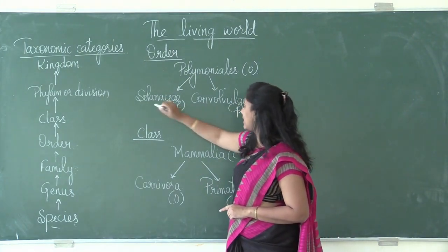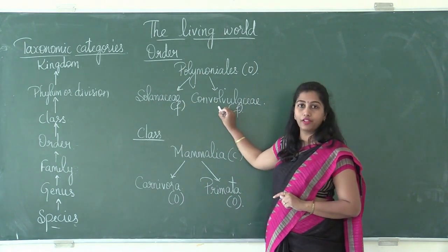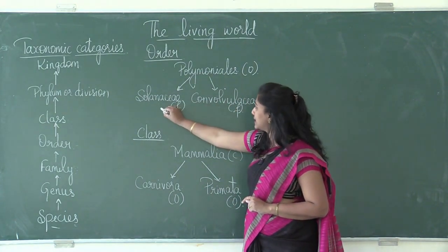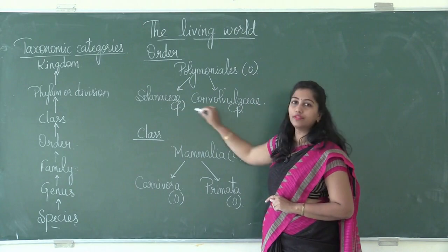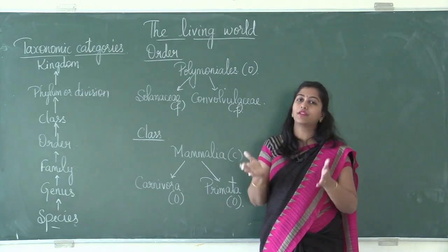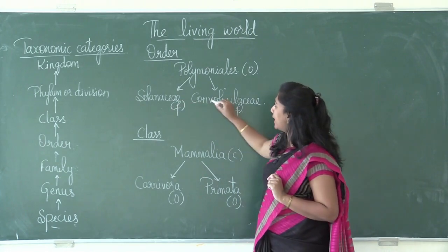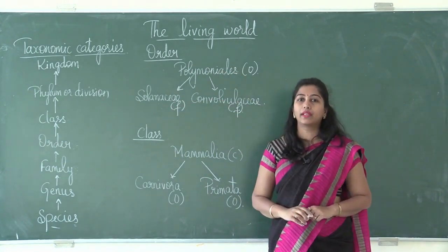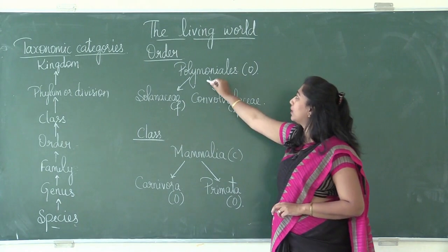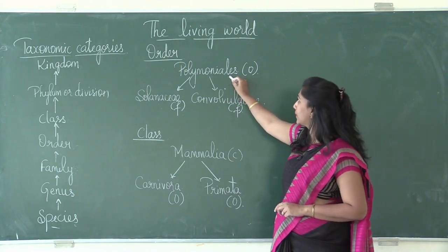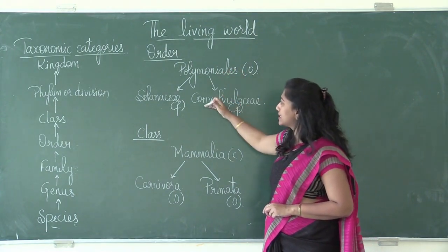In the same way there is another family called Convolvulaceae. Solanaceae and Convolvulaceae are two different families which have a lot of similarities. Because of that, these two families are put under one order, that is Polymoniales. So this is the order which consists of these families.